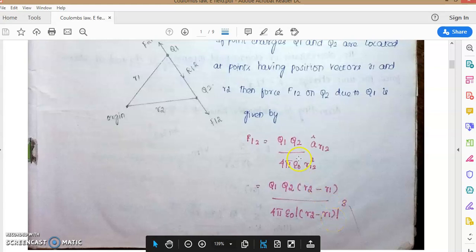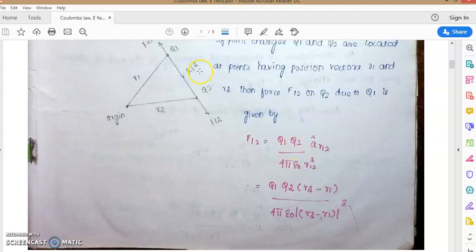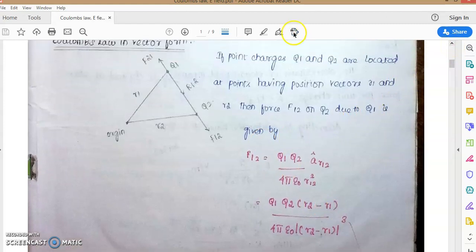So here the distance between two charges is R12 square, which is nothing but a denominator, but r12 cap is nothing but r2 minus r1. How can we write the r2 minus r1 here? See, the force on q2 because of q1, where the force is located in the direction, that is F12.